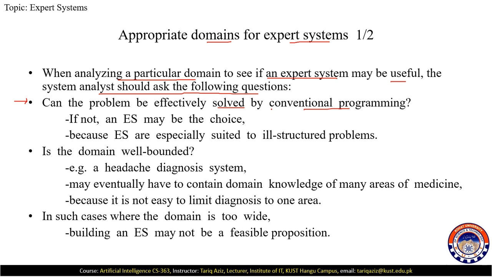But if you cannot solve your problem by using conventional programming, then indeed you have to develop an expert system to solve your problem. Okay. Because expert systems are well suited to ill structured problems.